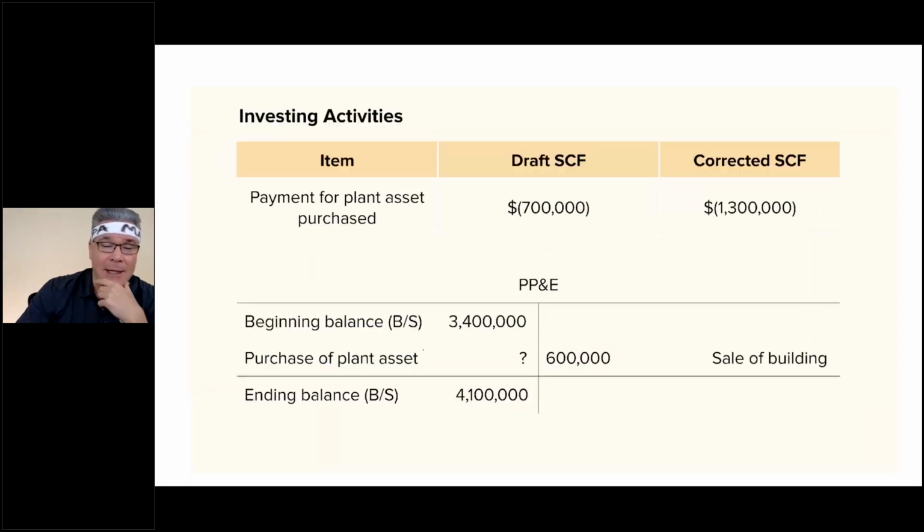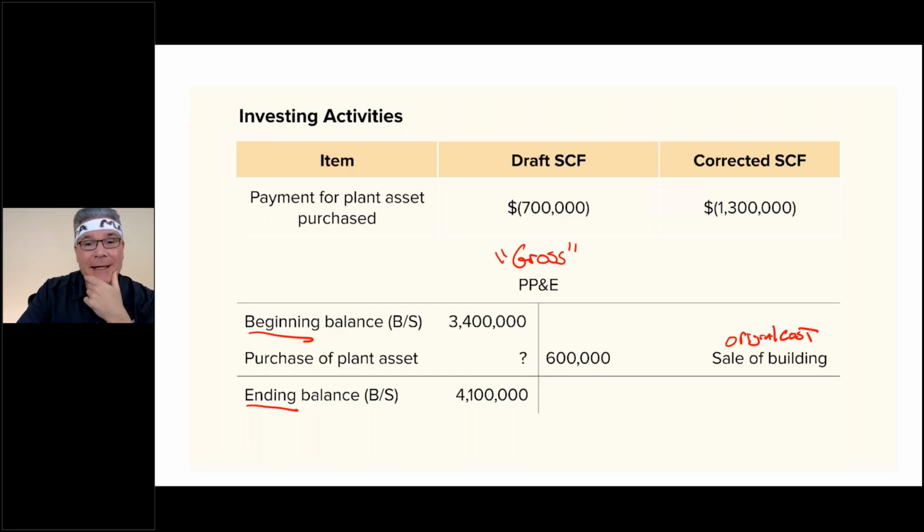Now, not for the hell of it, but we know we could have also solved for that by looking at the gross PP&E account. Our beginning balance, our ending balance, we're given information. The sale of the building, the original cost was $600,000. That was given information, right?